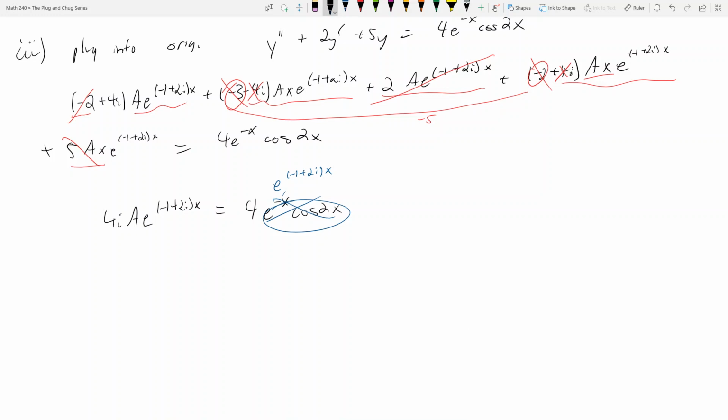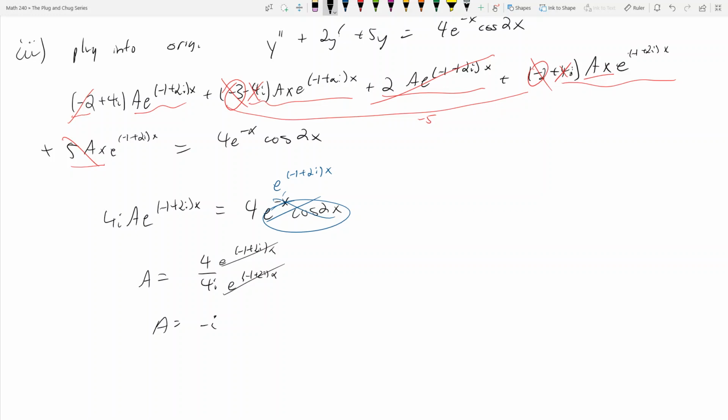All right? And so now we've got to solve for a. So a is simply equal to 4 over 4i, since this e to the negative 1 plus 2ix stuff all cancels out, right? And so now a is equal to what? A is equal to negative i. If you multiply the top and bottom by the conjugate, you get negative i.